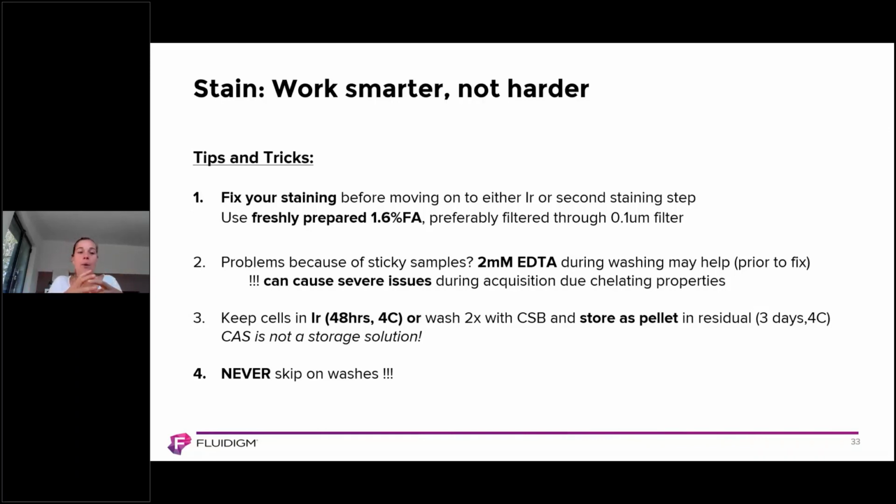The cells will be more resistant during the acquisition, because the acquisition is done in water or a solution that is a kind of water. So if you don't want your cells to explode during the acquisition, it's super important to do this fresh fixation with a vial of formaldehyde, so you are sure that it's fresh.